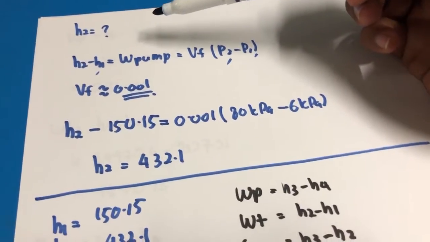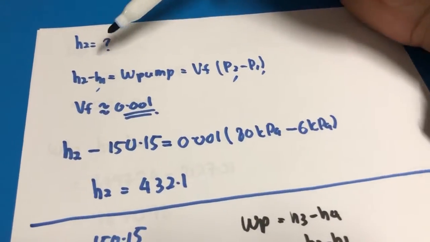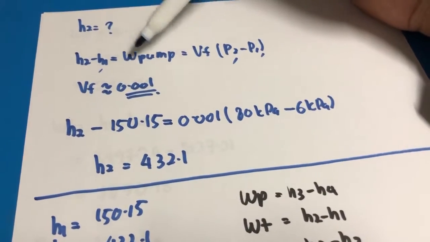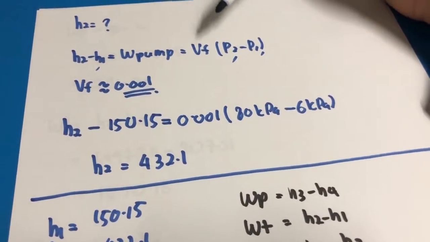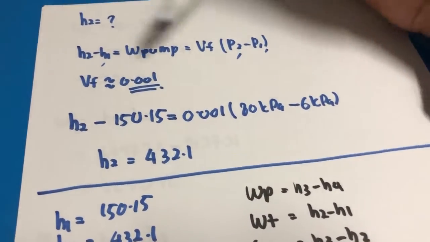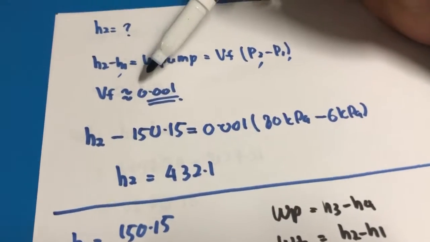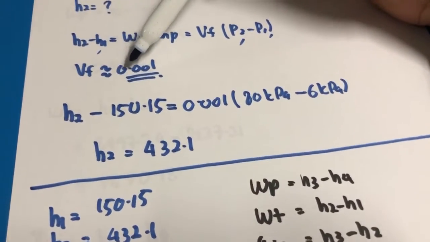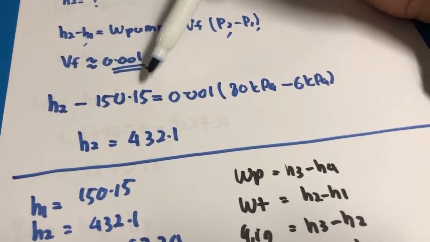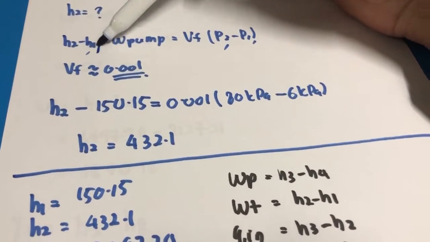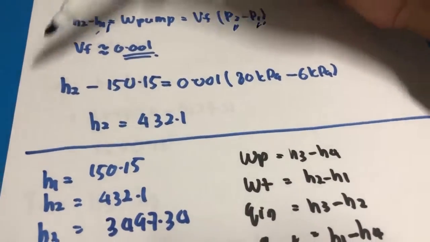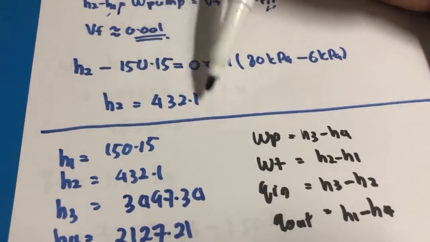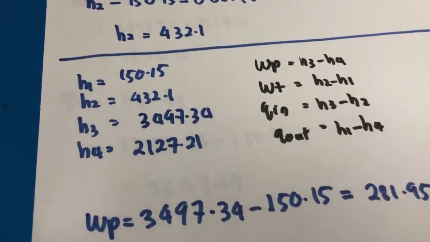For the compressed liquid, there's another method: H2 equals H1 plus W pump, and W pump equals VF times P2 minus P1. We know that VF is very small, so we assume the value of VF is 0.001. We know H1, P2, and P1, and we fill in the formula and get H2 42.1.